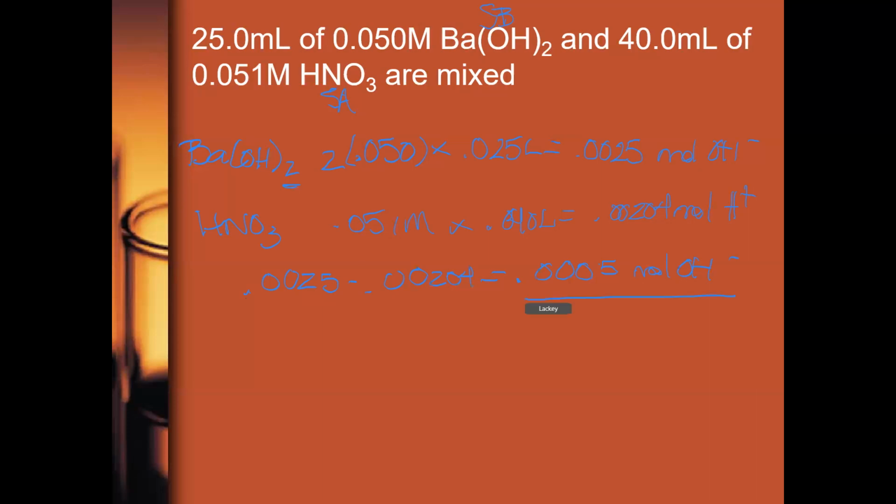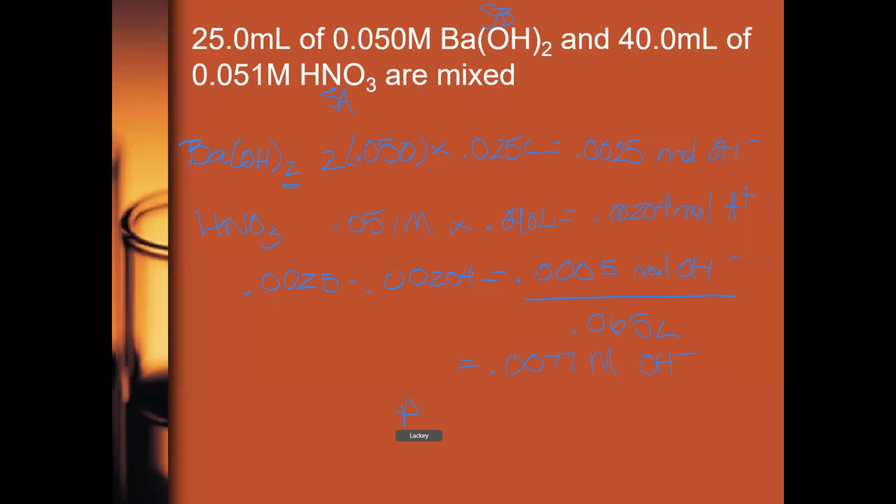Divide that by our total volume. So 25 milliliters and 40 milliliters is 65 milliliters, so 0.065 liters. So that means that we have 0.0077 molar hydroxide ions that are left over.